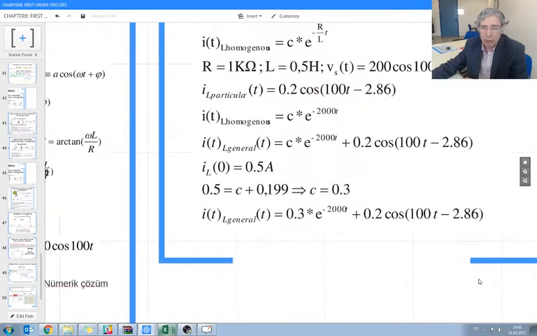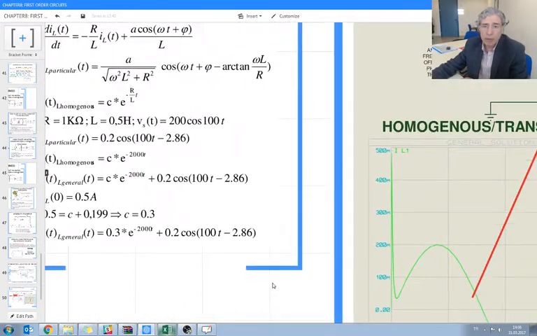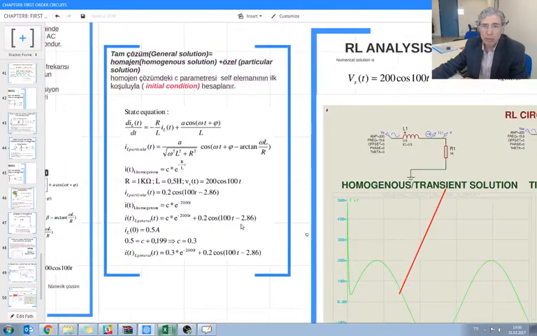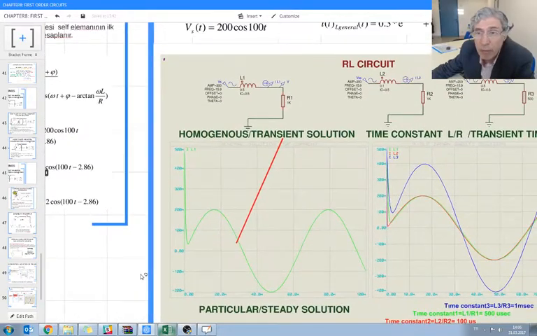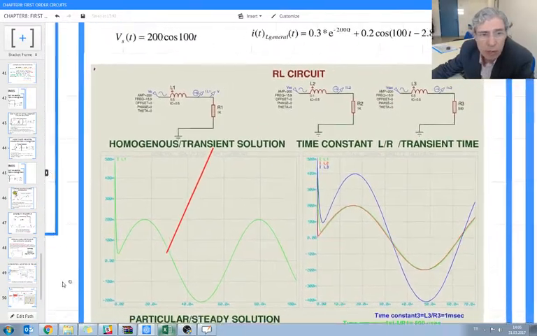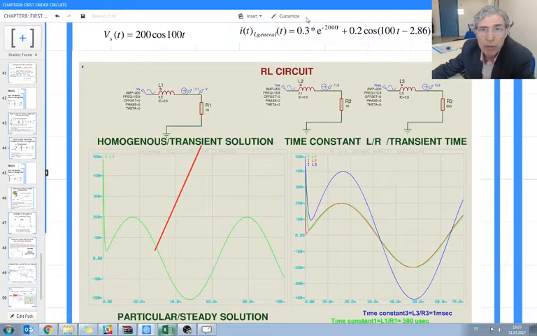If you do the same thing using PROTEUS, this is our circuit, the PROTEUS analysis of this circuit, and this element current is this. At the beginning there is a strange shape here. That strange shape comes from this transient term.